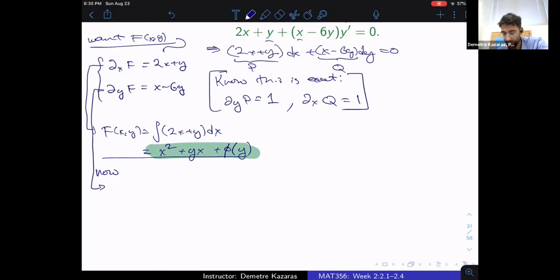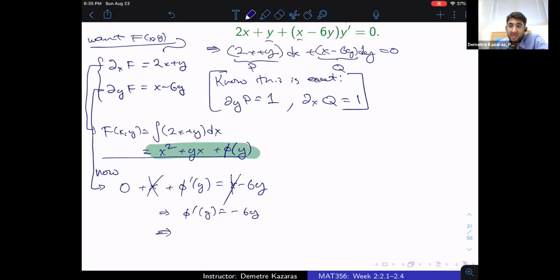We get 0 from the first part, and then taking the y derivative there, we just get x, and then plus the derivative of phi, which is just phi prime. We want to figure out what this is. On the right-hand side, we just have x minus 6y. Okay, so the x's cancel. Just subtract x from both sides, they go away. So phi prime is just equal to minus 6y.